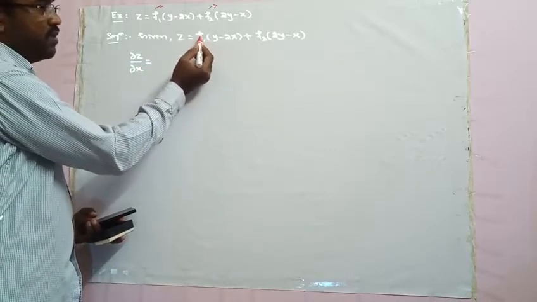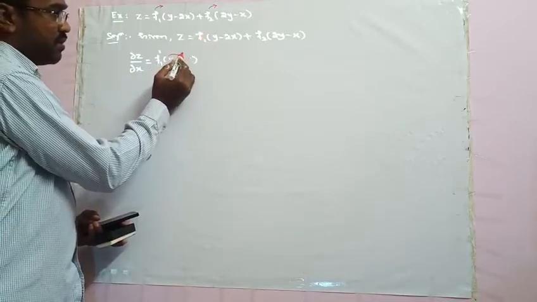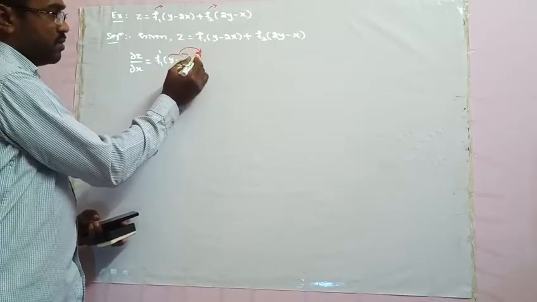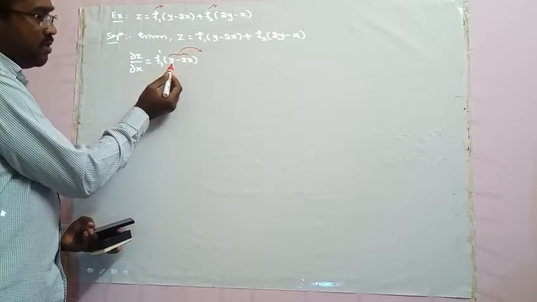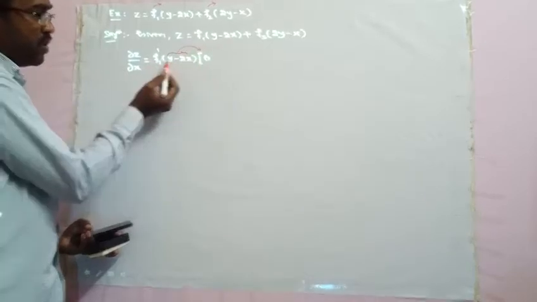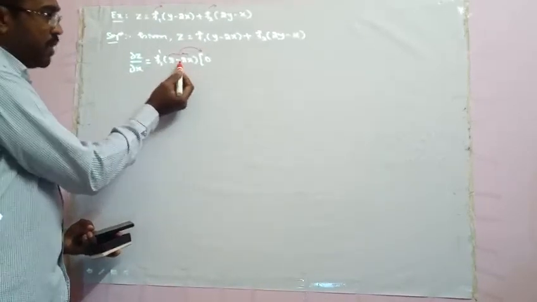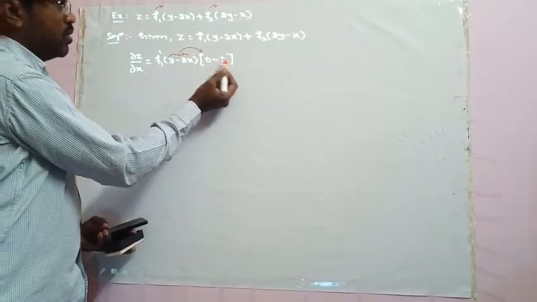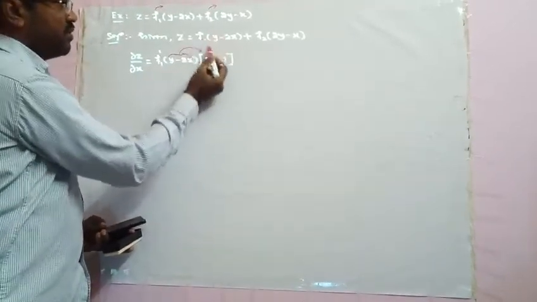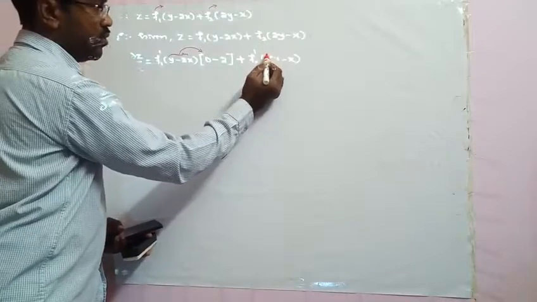Differentiation of f1 is f1 dash into differentiation of this with respect to x. Differentiation of y is 0 because we are differentiating partially with respect to x, minus differentiation of 2x is 2. So this completes the differentiation of f1 plus differentiation of f2 is f2 dash into differentiation of this.